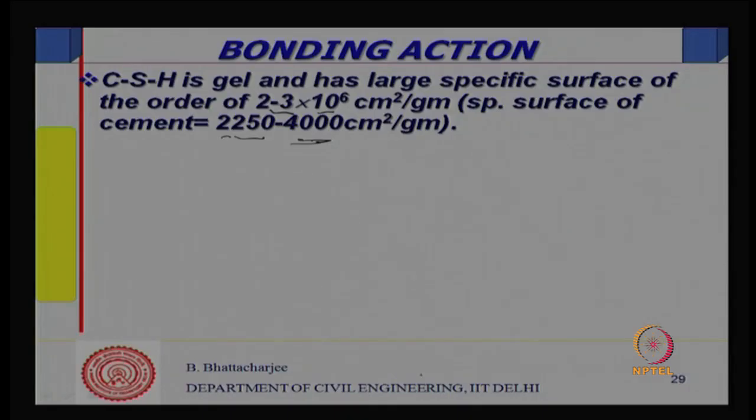So, the order is 1000 times. Therefore, the particle sizes are colloidal, very small if you think in terms of particles. So, they are very fine sizes, and therefore surface forces start acting and dominating.